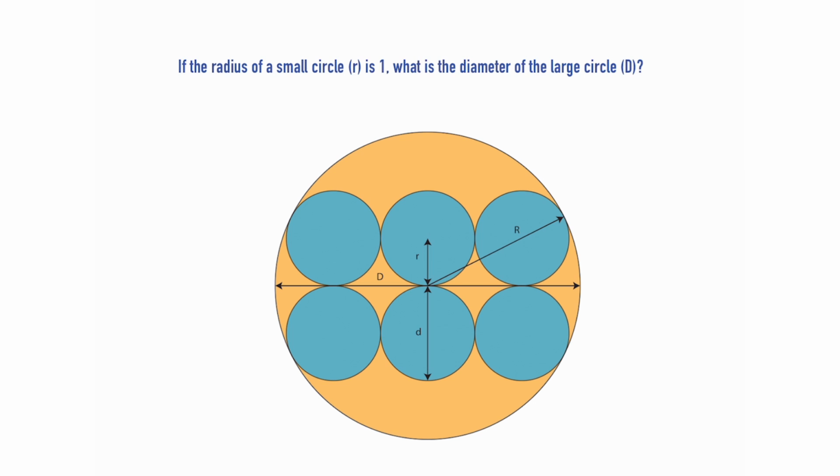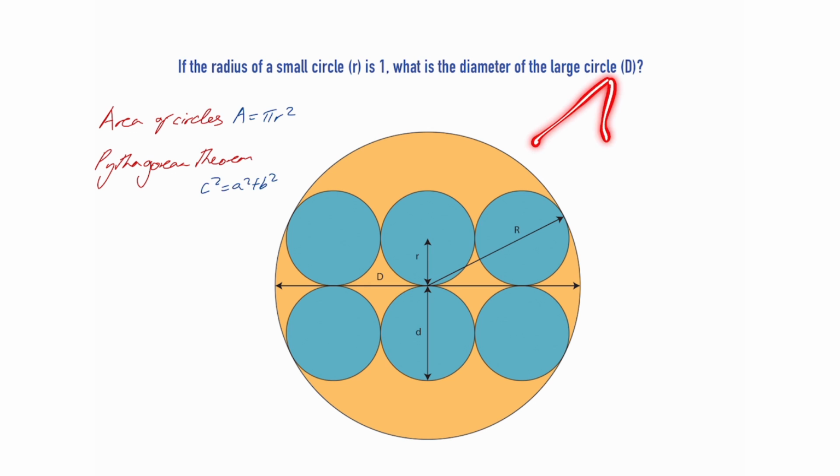So the geometric concepts that are required to solve this problem are the area of circles. The area of a circle, as we know, is pi times radius squared, or just pi r squared. And we also need some knowledge of the Pythagorean theorem, which says c squared equals a squared plus b squared.